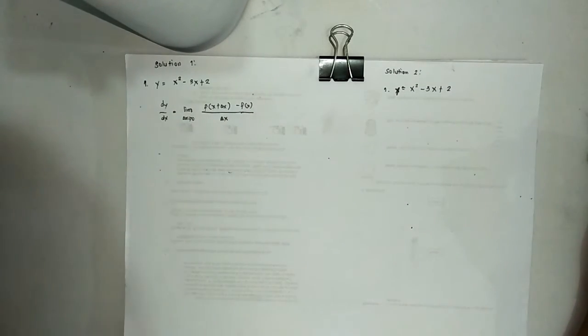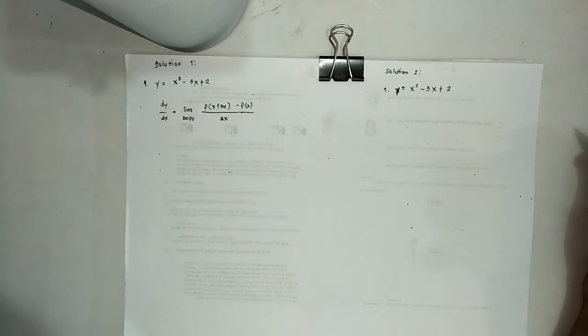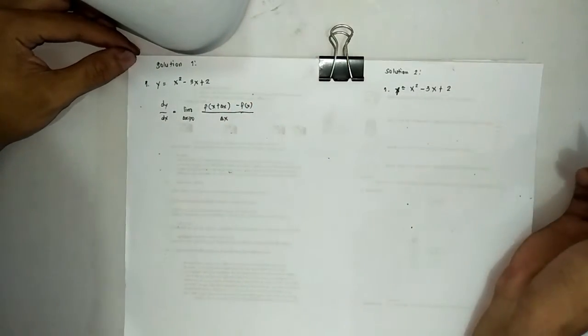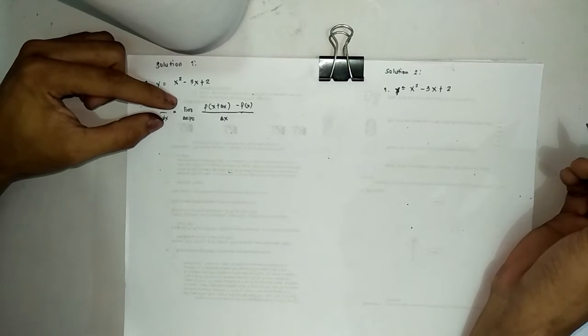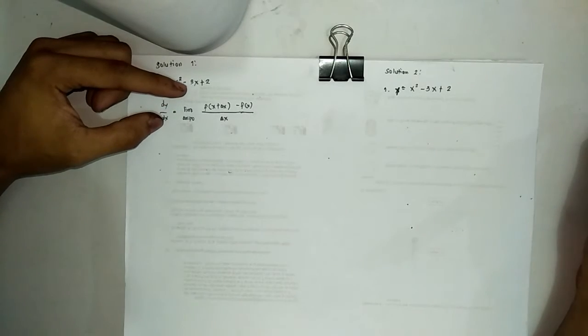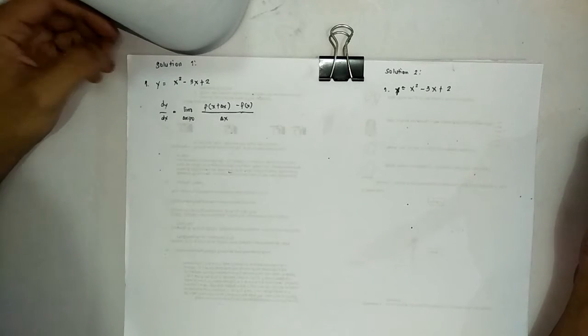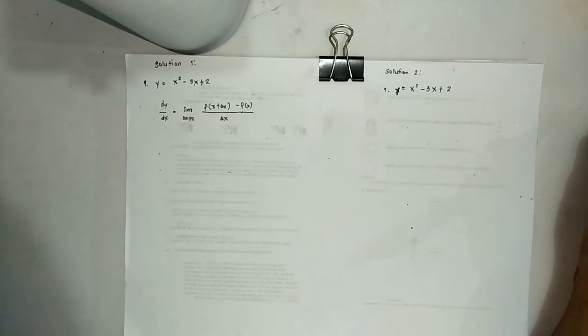So, ito yung gagamitin nating formula on how to differentiate this function. I-differentiate natin yung x squared minus 3x plus 2. Okay, now. So, let us now use this limit of f of x plus change x minus the original function all over change x where change x approaches to 0.